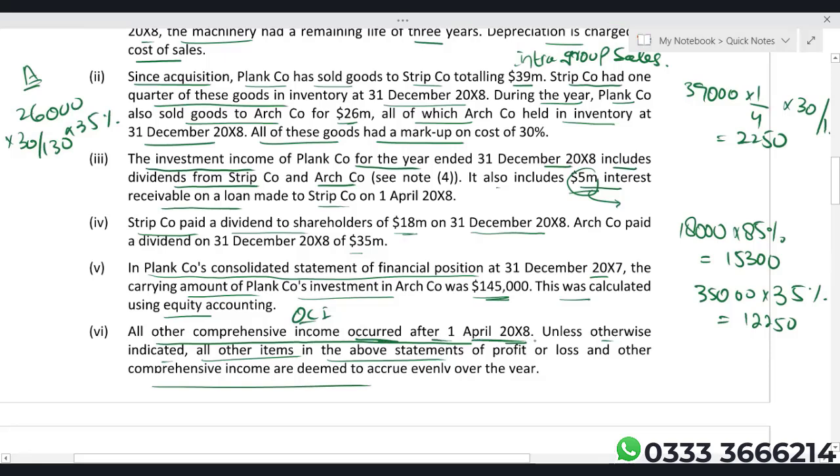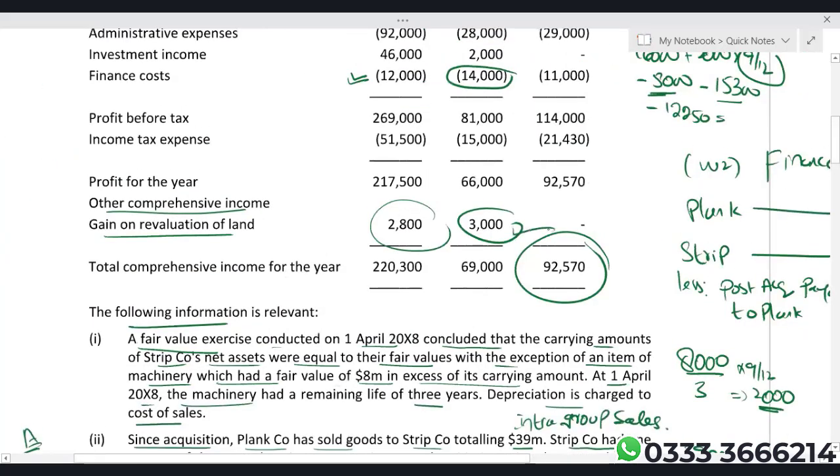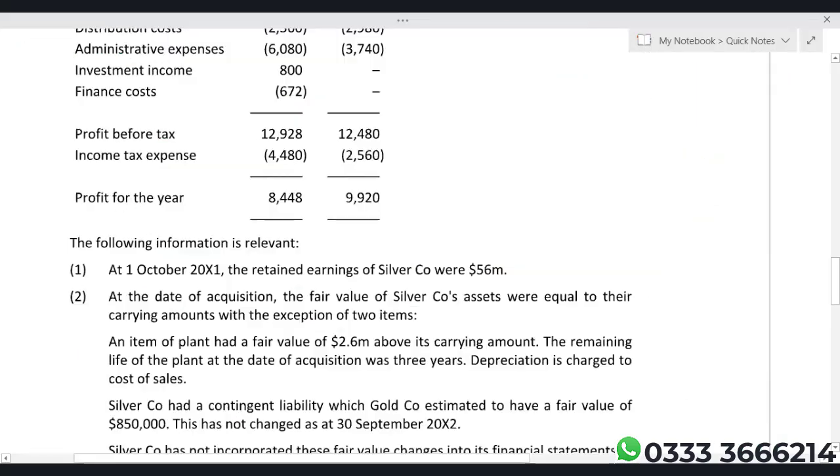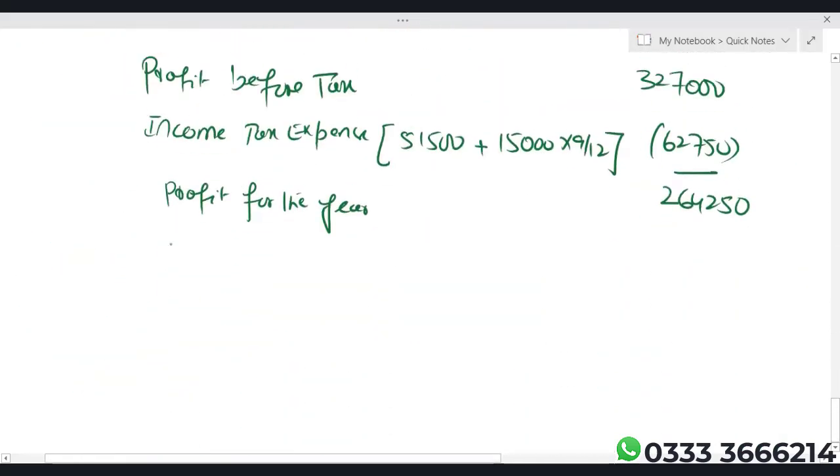So whatever amount is there in Strip company's other comprehensive income, you will not time apportion. Why? Because all other comprehensive income occurred after 1st April. So this 3,000 gain on revaluation actually came in after acquisition. That is why there's no need to time apportion.